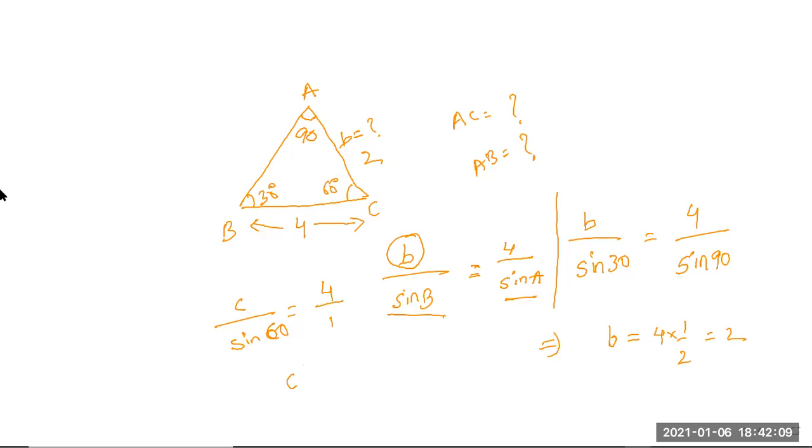So c is AB, equal to 4 into sine 60 by sine 90, that is 4 into root 3 by 2, which is 2 root 3, right? So c is 2 root 3. This is how you need to find. Sometimes they may give you all the sides and ask you to find the angles, so you do accordingly.